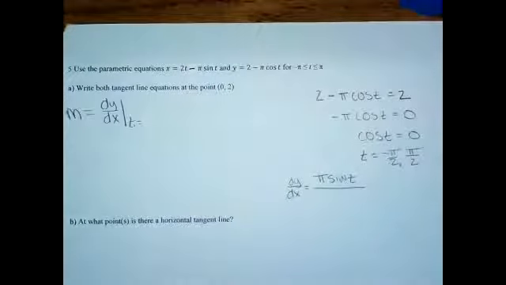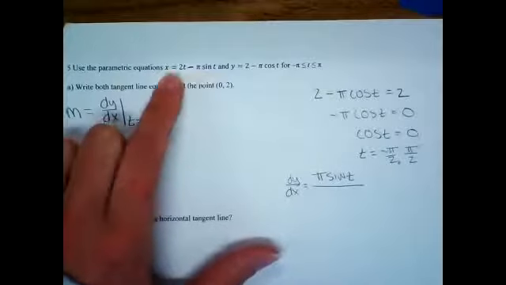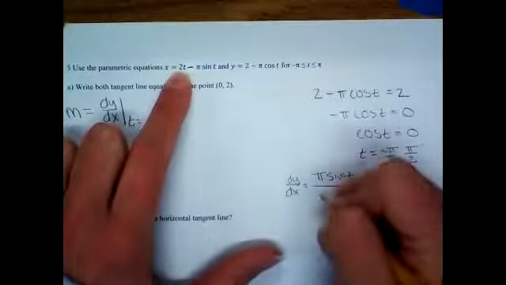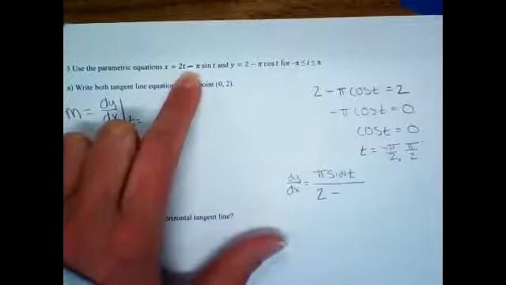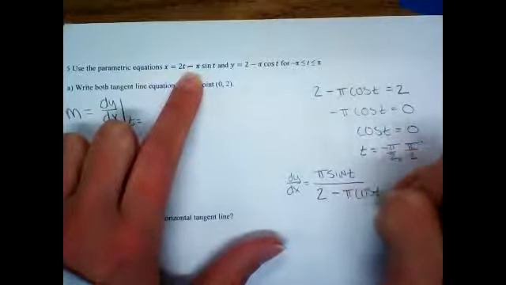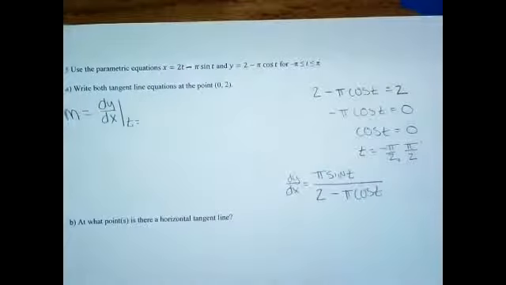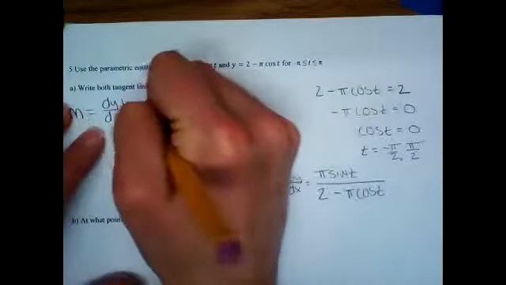And then over dx dt, so we're doing derivative of x right here. Derivative of 2t would be 2. And then minus derivative of sine would be cosine, so pi cosine of t. All right, so let's do the negative pi over 2.